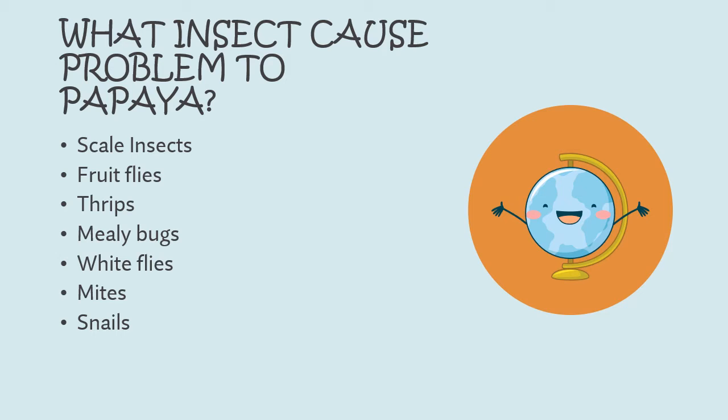There are many insects that can cause problems: the first one is scale insect, fruit flies, thrips, mealybugs, whiteflies, mites, and also snails. Okay, I will tell about fruit flies because the fruit fly is a very commonly found insect that can cause damage to the papaya.